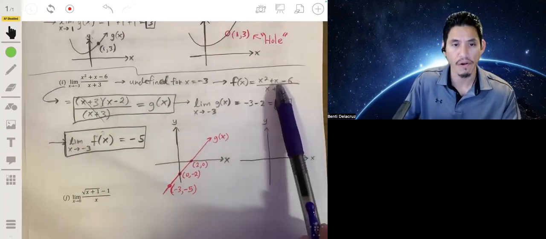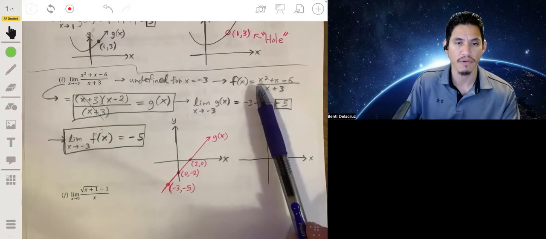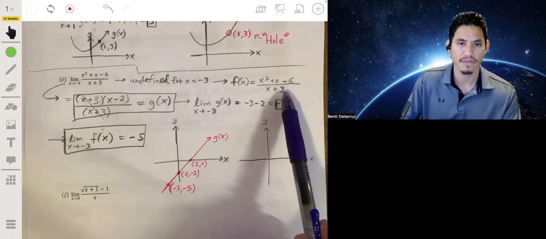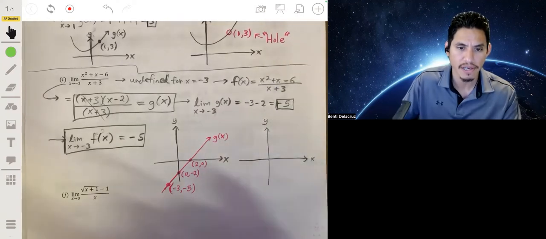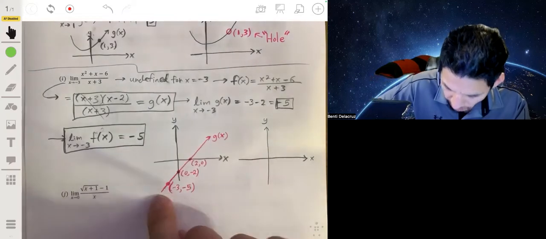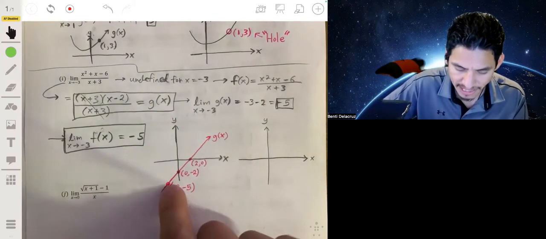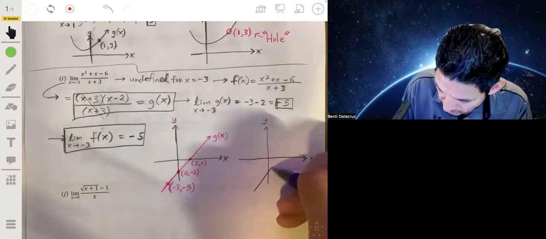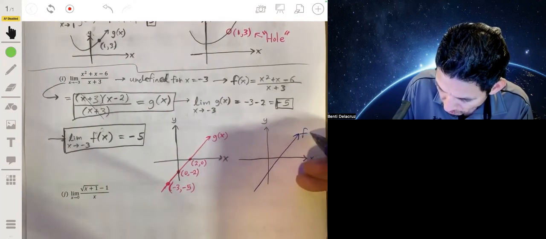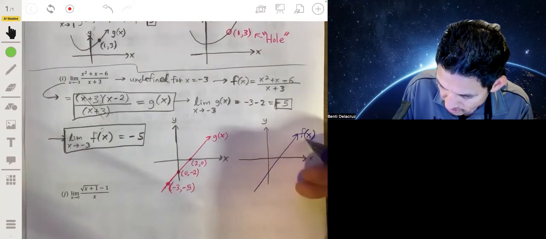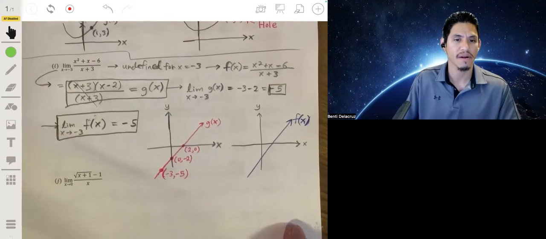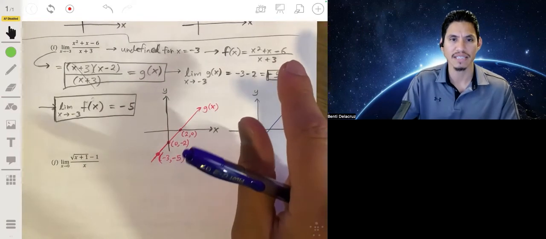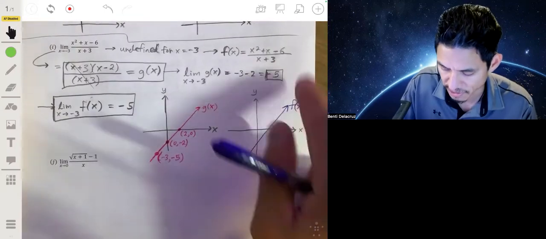But our original expression for f of x, so remember we have f of x is equal to x squared plus x minus 6 over x plus 3. Even though this looks complicated, this is the exact same graph as this one, except it just has a hole at -3, -5. That's the only difference. And when I was first learning this, this really blew my mind, because I could not grasp how this could just be a straight line just because we were able to do this math.